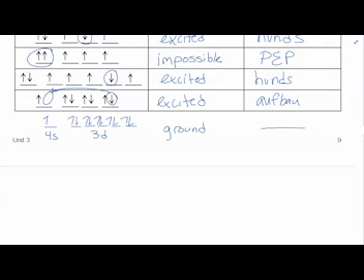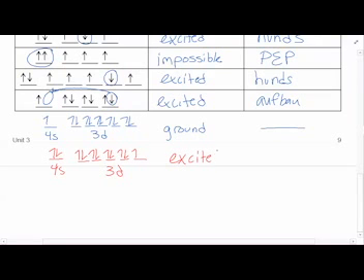So it's kind of odd to think about, because if you had the traditional one for copper, this would be what you would expect to draw, but this is actually the excited state. So it's kind of odd when it comes to those electron exceptions.